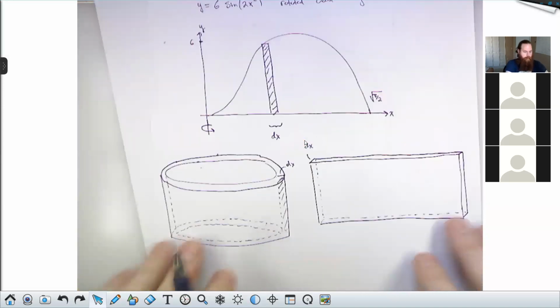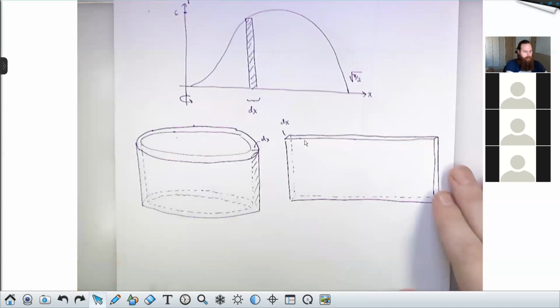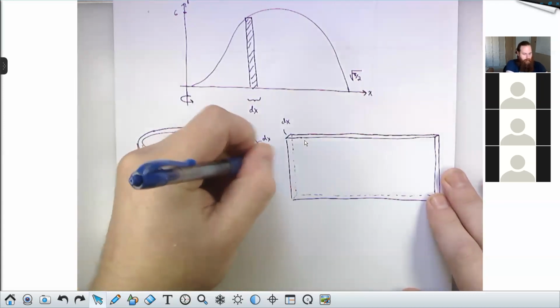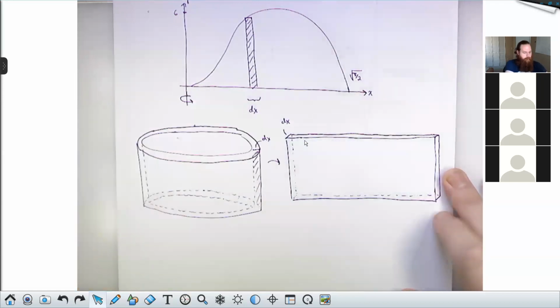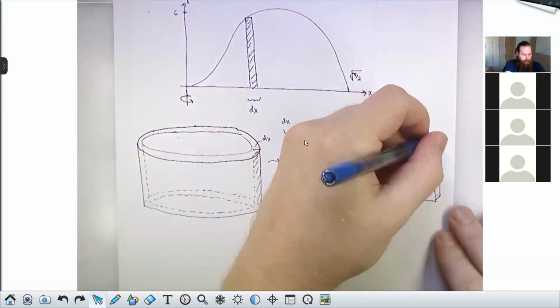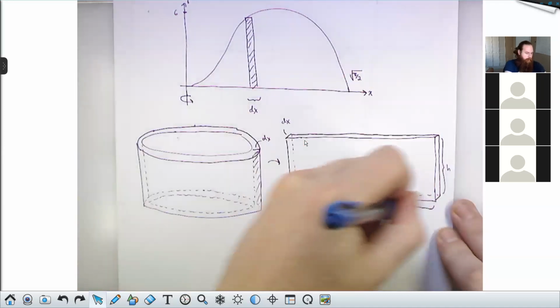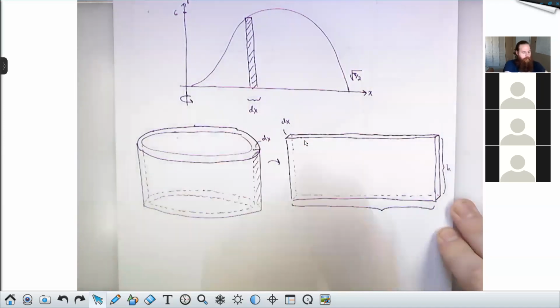My box would look like this. So this is dv as it's generated. And then we cut and unroll like this to figure out what the volume is. This height here, clearly I need. And this length here, clearly I need.